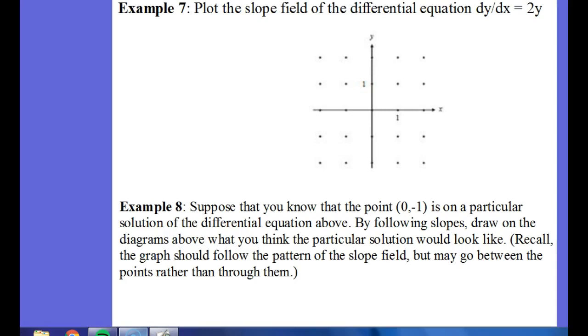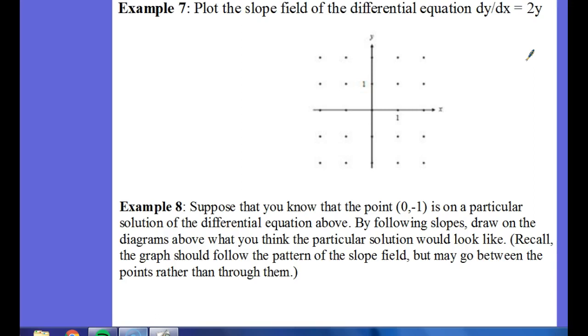So to find the slopes, you simply plug in points. If this only has a y variable to it, what's that mean about x? The x really doesn't matter. So what that means is that the x is always going to be the same straight across. So let's say y is 0.